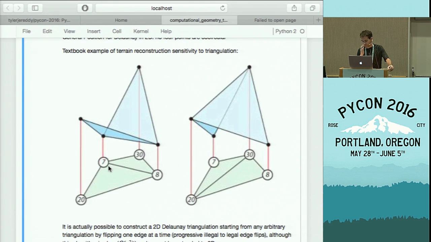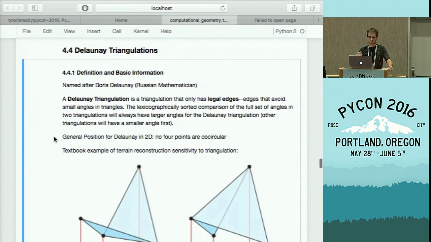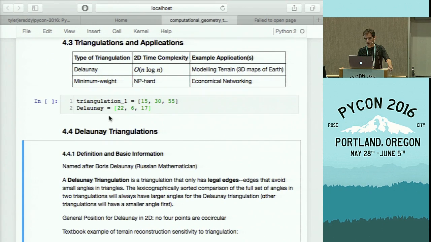The Delaunay triangulation you can effectively produce by flipping the edges, doing an edge flipping walk. If the angles here are smaller than here, we want to flip this edge so that we get larger angles. It does that progressively to sort it in a favorable fashion.